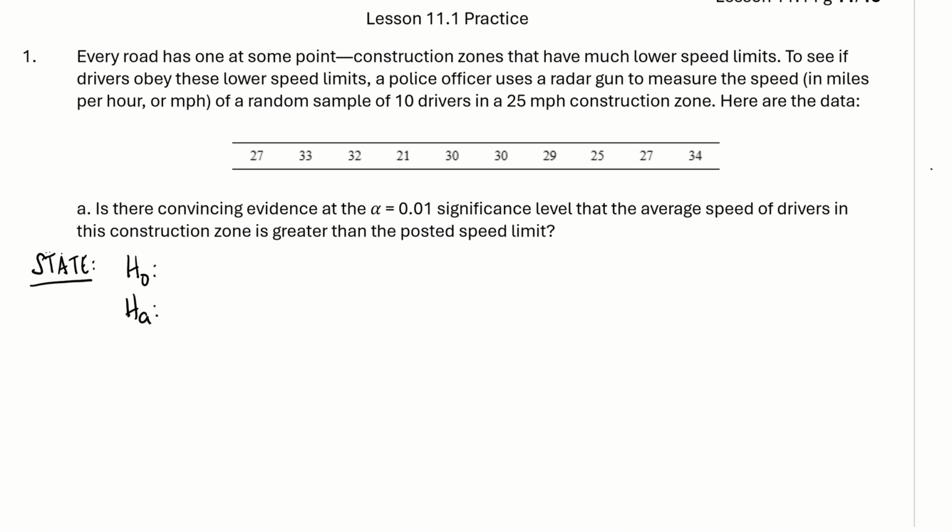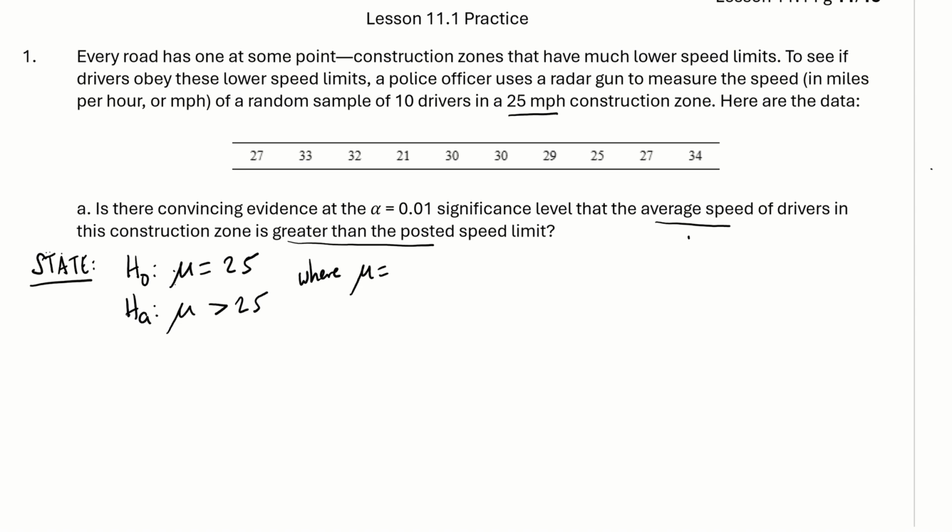Our null hypothesis is that the average speed is equal to the speed limit, which is the 25 mile per hour speed limit in the construction zone. And then we want to see, is it greater than the posted speed limit? We suspect that it's greater than. So those are our hypotheses, and then we're going to have to identify mu.